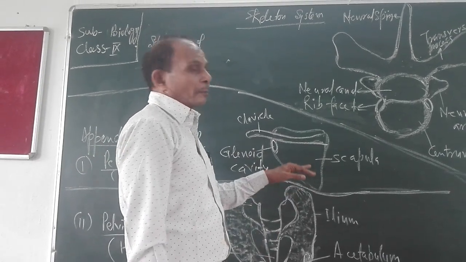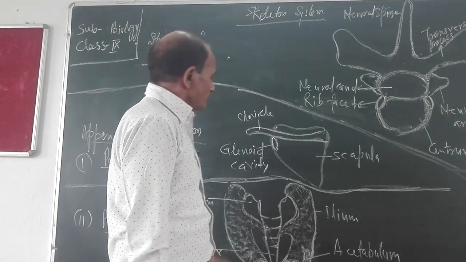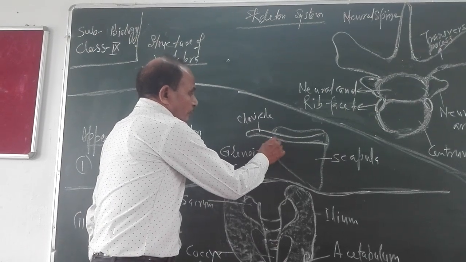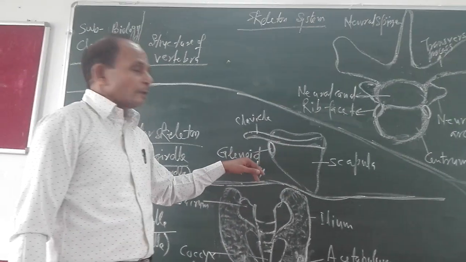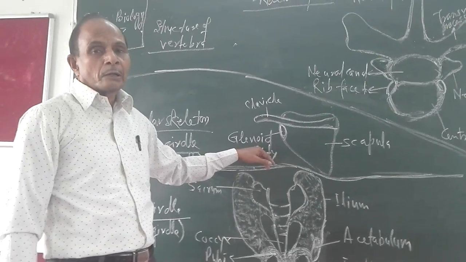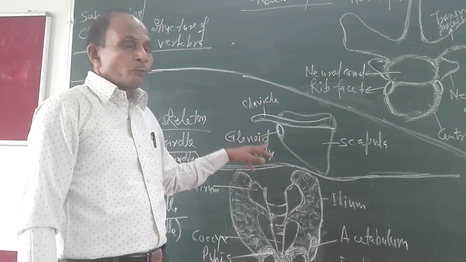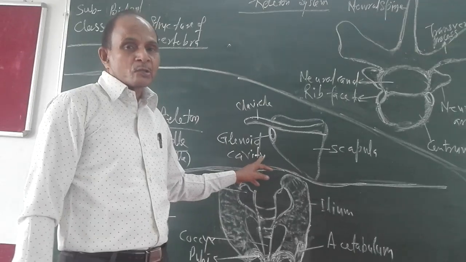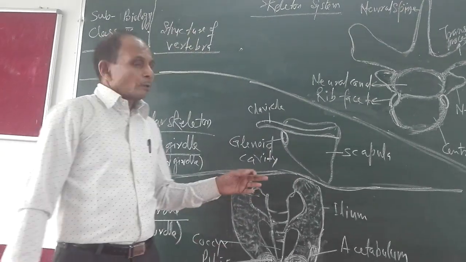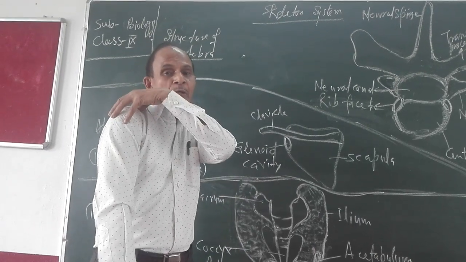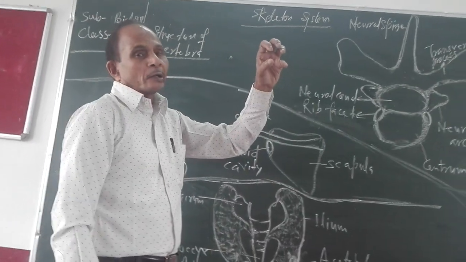On its outer apex, there is a cup-like structure. This cup-like structure is known as the glenoid cavity, which provides place for the articulation of the head portion of the humerus.